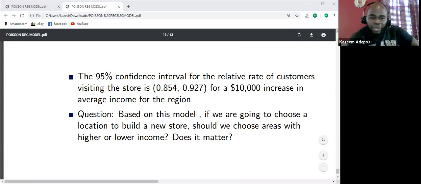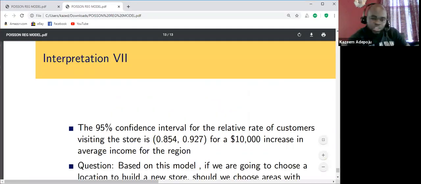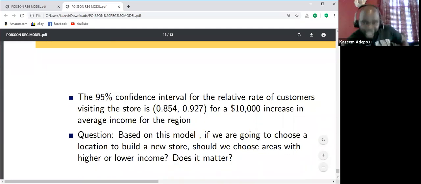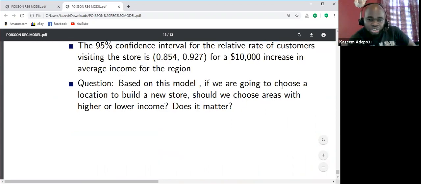So when I have the exponential raised to the power that I said before, what we're trying to say is the 95% confidence level for the relative rate of customers visiting the store. It's actually going to be this for a $10,000 increase in the average income for the region. Based on this model, if we are going to choose a location to build a new store, should we choose an area with a higher or lower income?